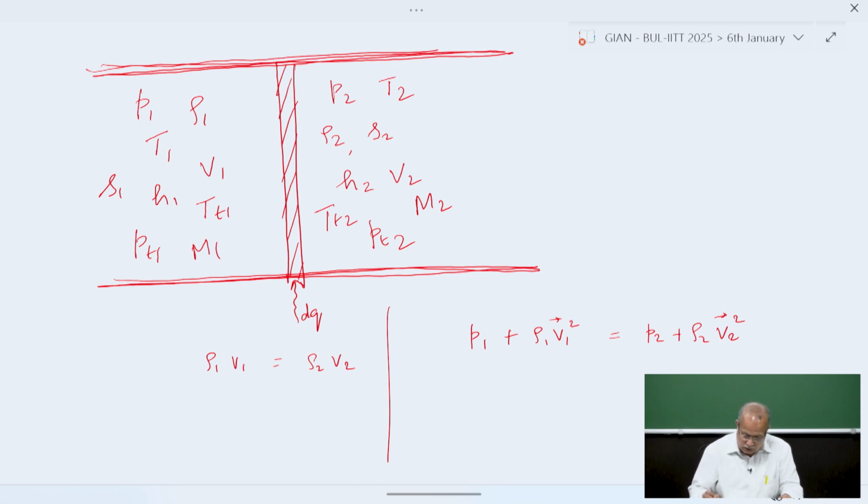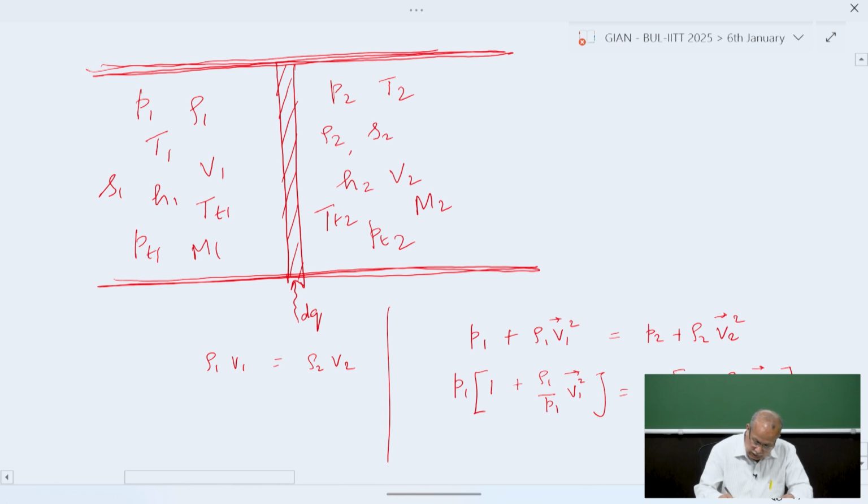Now, in this momentum equation, if I take P1 outside, I can write 1 plus ρ1 by P1 v1 square is equal to, on this side, if I take P2 outside, 1 plus ρ2 by P2 v2 square.